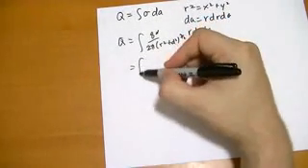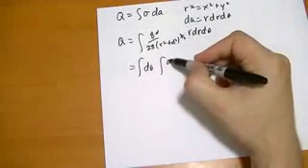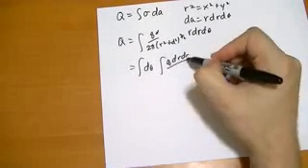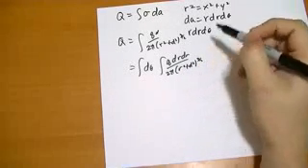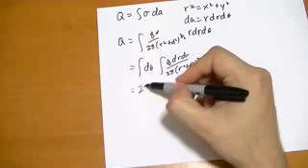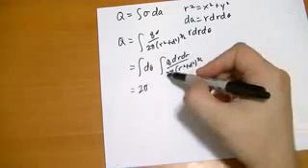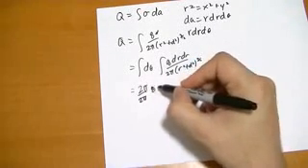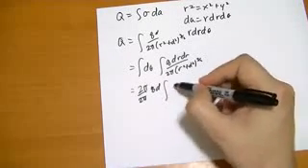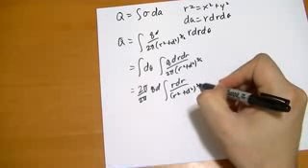There are no theta components, so we just have d theta, which becomes 2 pi because we're doing all the angles. So we can cancel 2 pi over 2 pi, pulling out q and d, which are constant. Everything else is not: r dr over r squared plus d squared to the 3 halves.